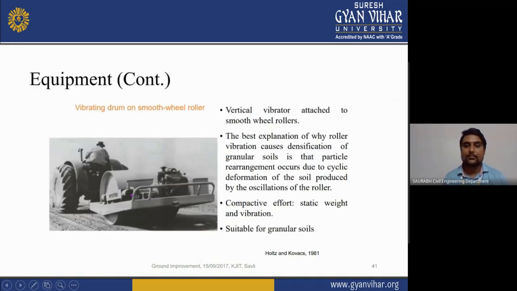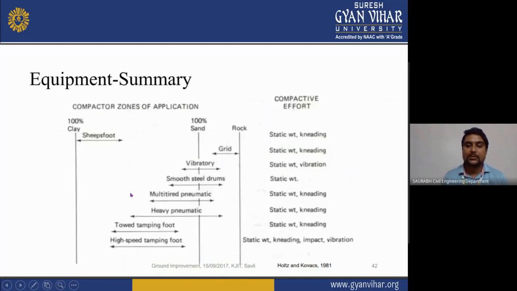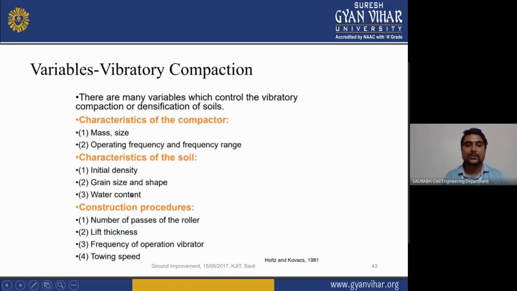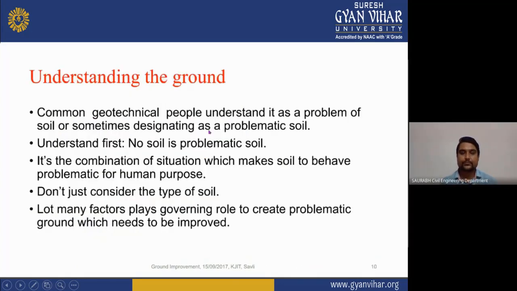This is also one kind of roller, known as the vibrating drum on a smooth wheel roller. Here is an equipment summary used during ground improvement. And what are the variables of vibratory compaction? There are many variables which control the vibratory compaction or densification of the soil.